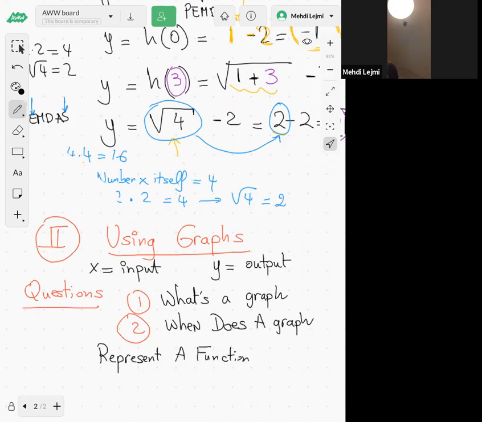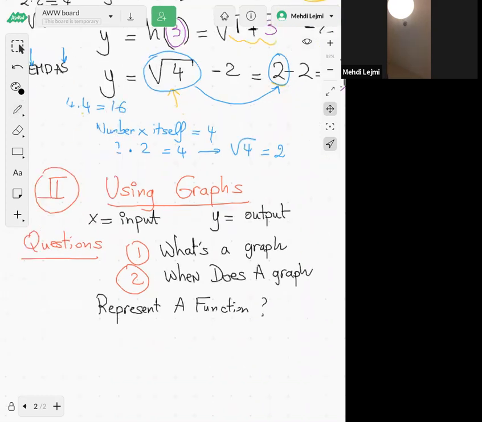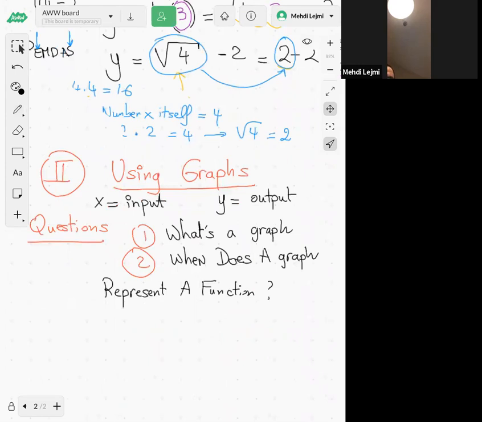A third question, actually, we're going to have 4 questions in total. The third question is, how do we read graphs?